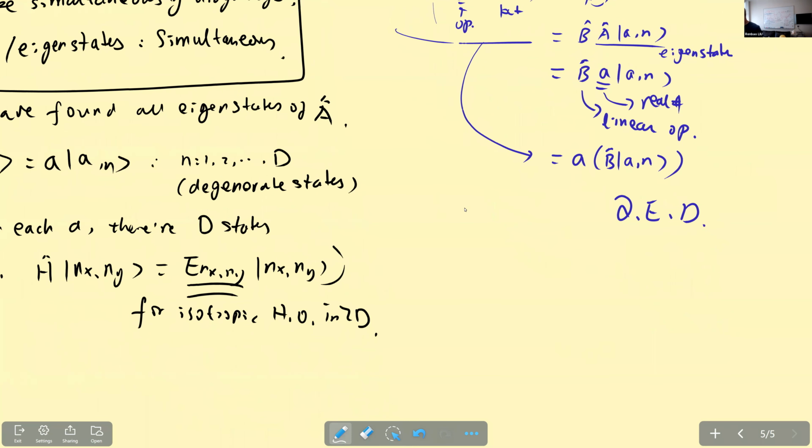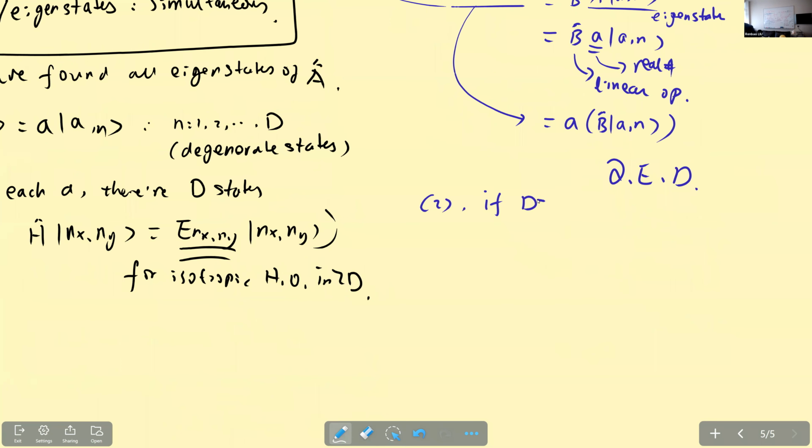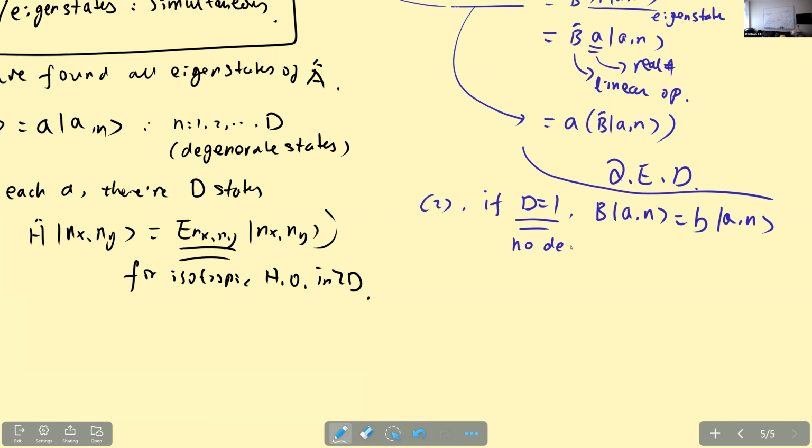And secondly, if D equals 1, you must also have B A1 proportional to A1. The reason is very simple: if D equals 1, that means there's no degeneracy of A, right?